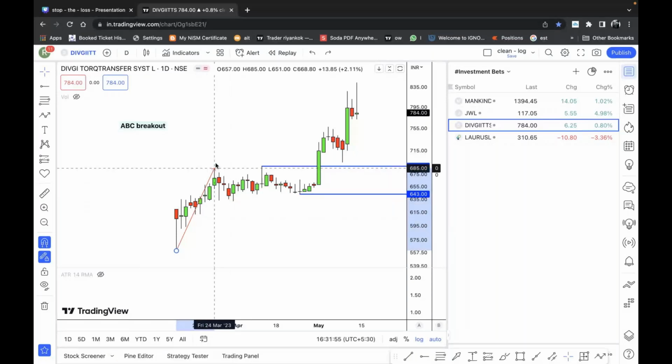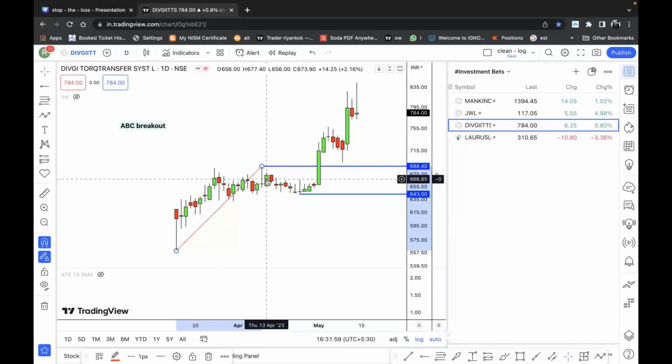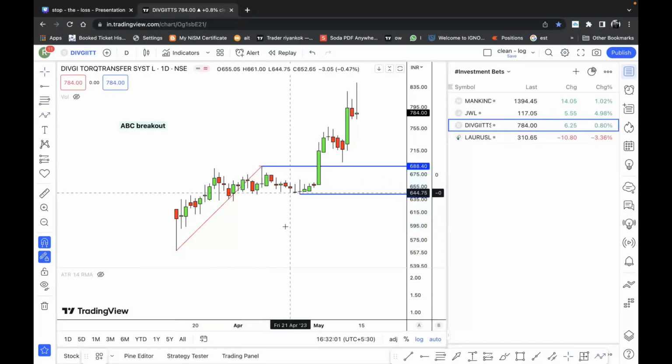Now the stock came up to 688. After making this new high of 688, I got two red bars. One was this and one was this, each with a lower closing. Right, so as soon as these two red bars formed, I marked the swing low, which was at 643. And I got a breakout right here on this candle.